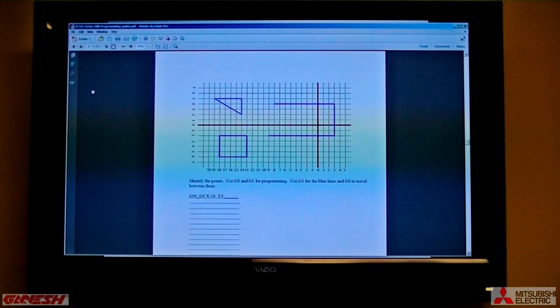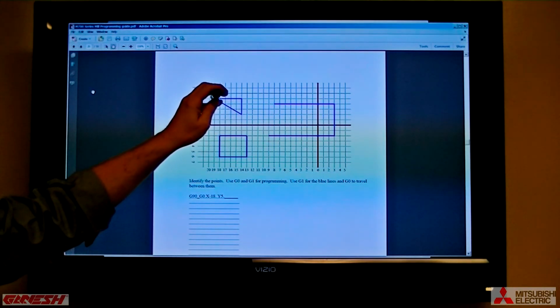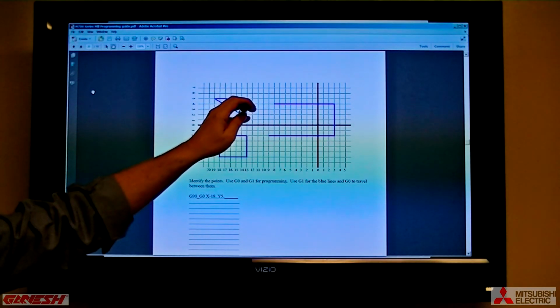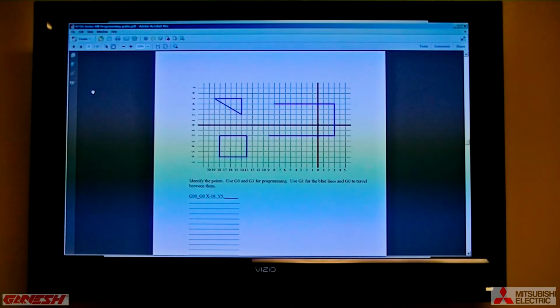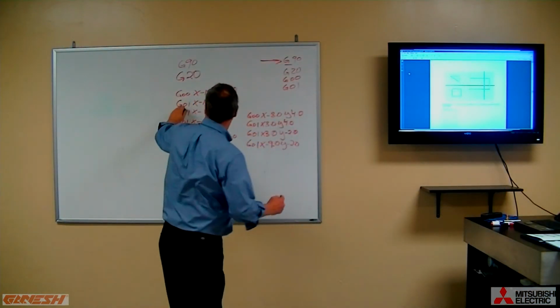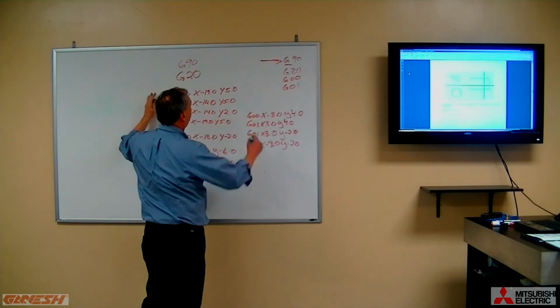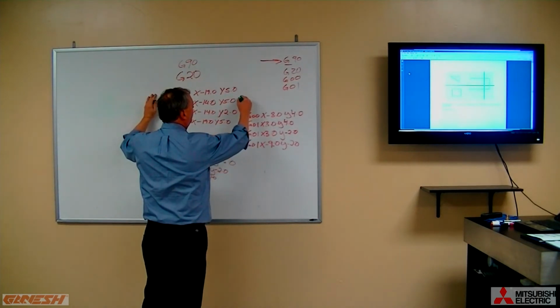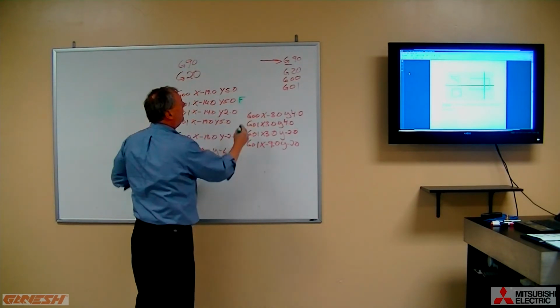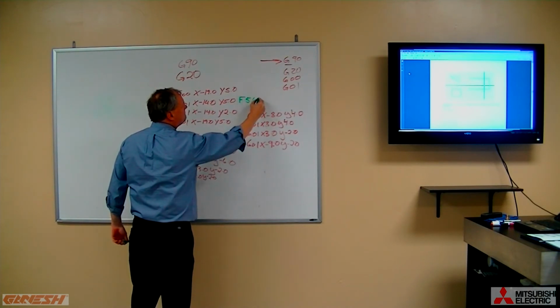So we did a rapid position to this point, let's say. Now all of our moves are at G01, so it would be good to tell it what our feed rate should be. Right here in our first G01 line, we're going to use a new word, the letter F, like in Frank, and give it a value in inches per minute.